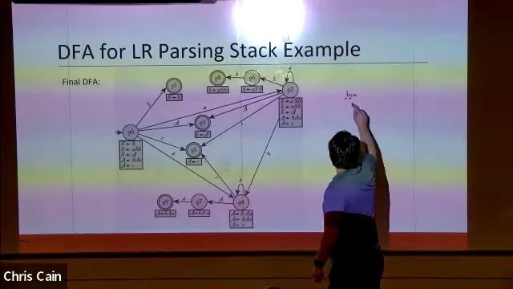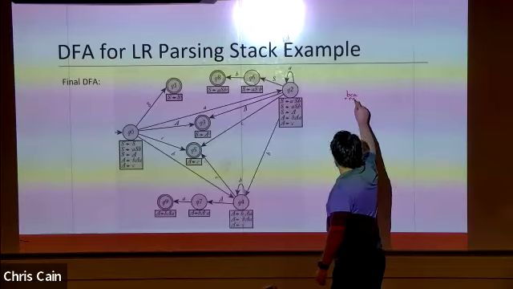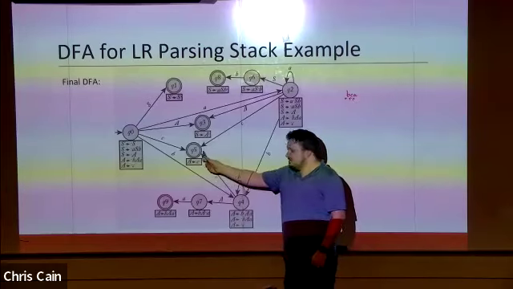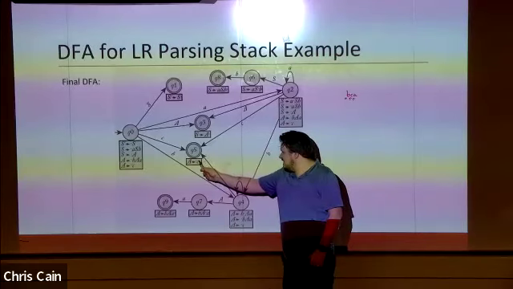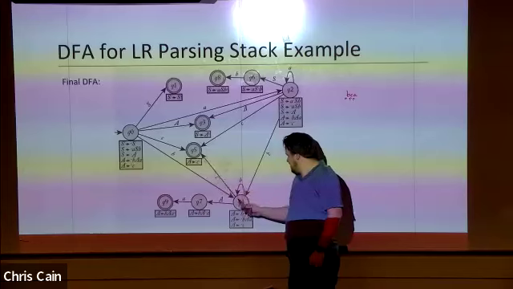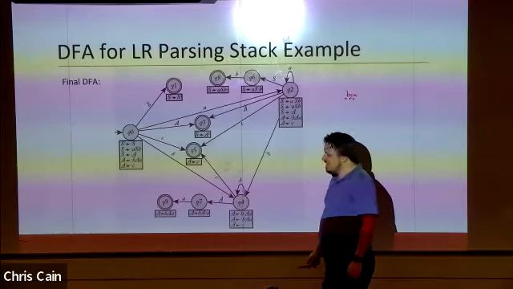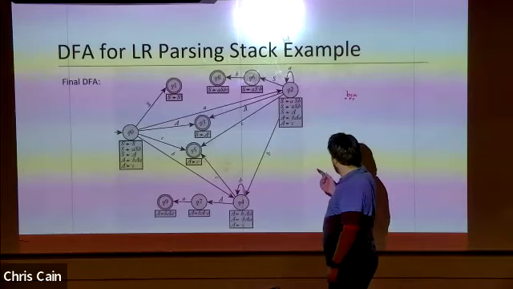So we're going to read this C. So now we're pointed after the C. So from Q4, we go to Q5. Now at the right-hand side, so we can replace that C with an A. So we come back here knowing that we have an A on top of the stack.